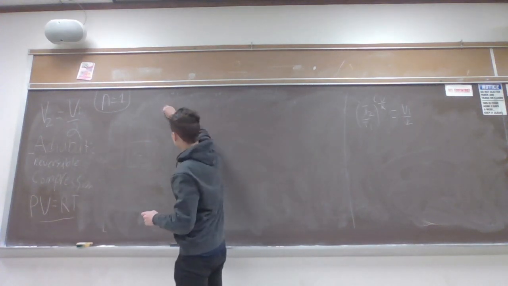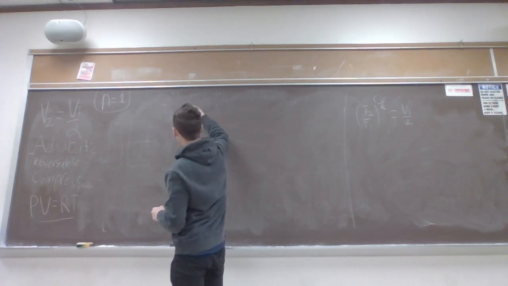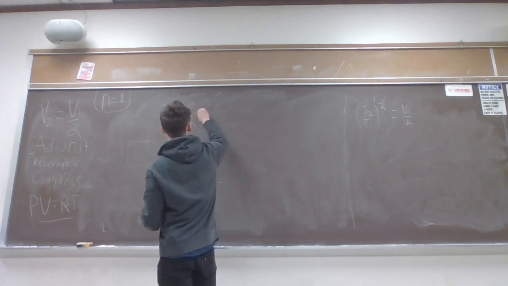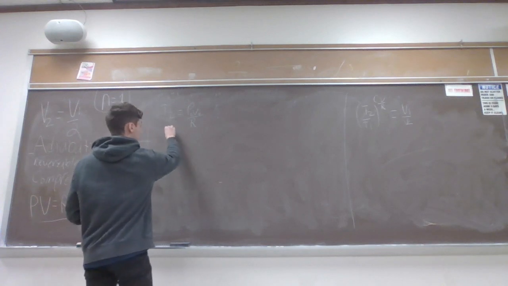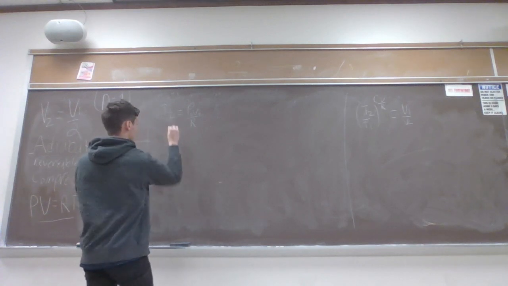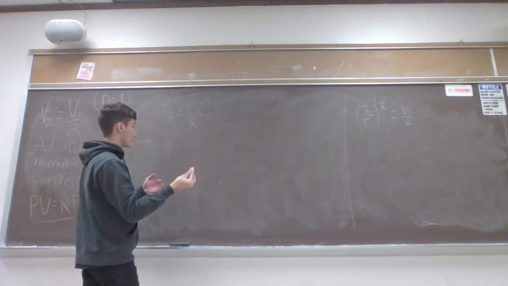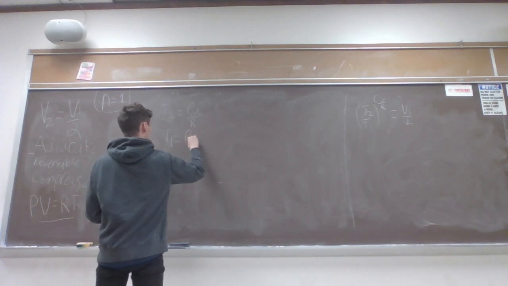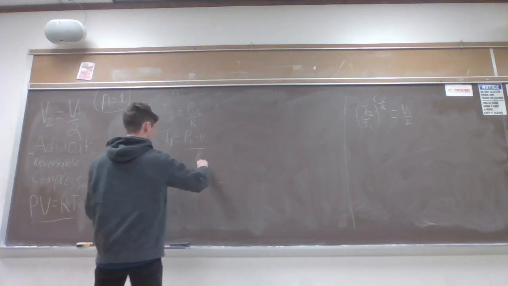We're going to write T2 equals PV over R, and it's going to be specifically P2 and V2. Again, this is important to make sure you're using the right condition of pressure or volume. And now we're going to have T1 equals P1 times V1 over R.